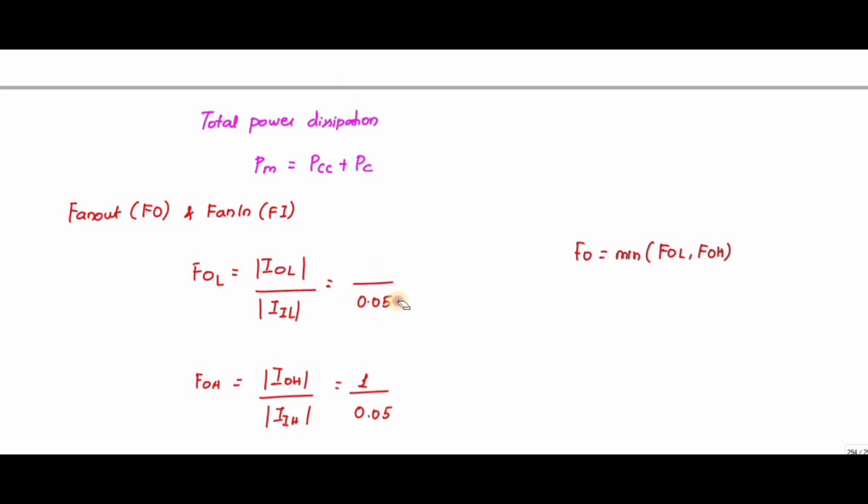This is 10, and this, if you multiply by 100, you will get 20. So what is the minimum value of this 10 and 20? It is 10. So this is your fan out.